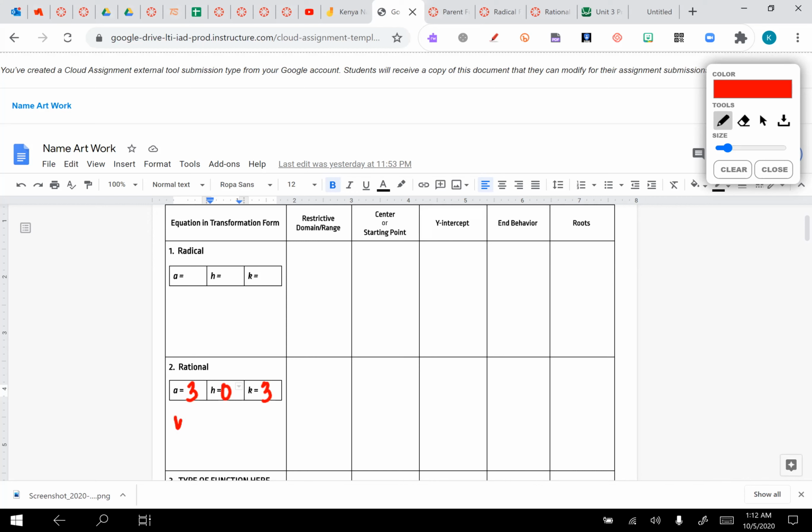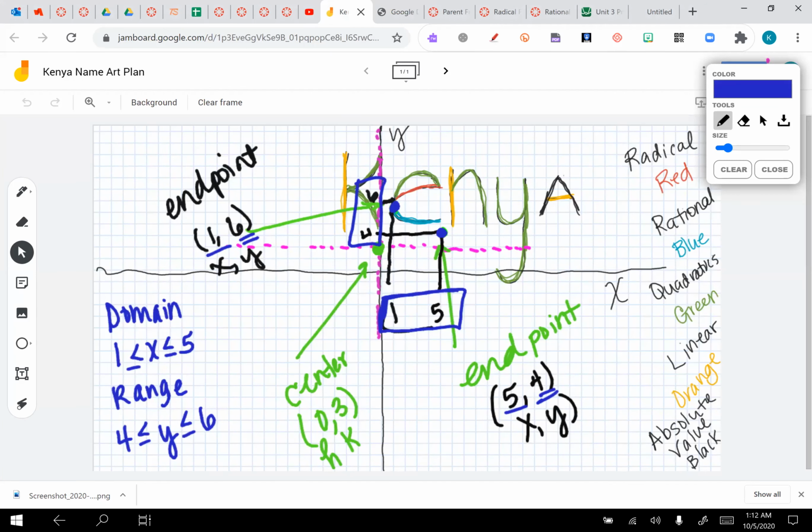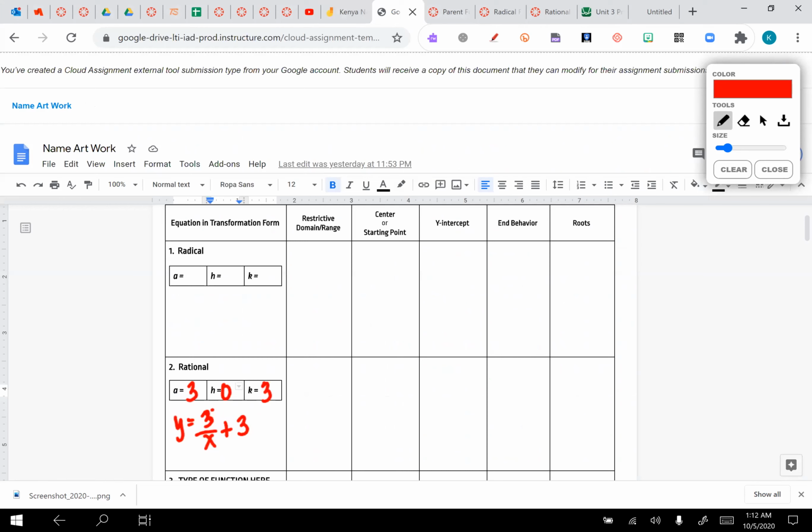Our function was y equals 3 over x plus 3. Now let's look at the restricted domain. We said the restricted domain was 1 to 5 and the range 4 to 6. So x is between 1 and 5, y is between 4 and 6. Our starting point was 0, 3.